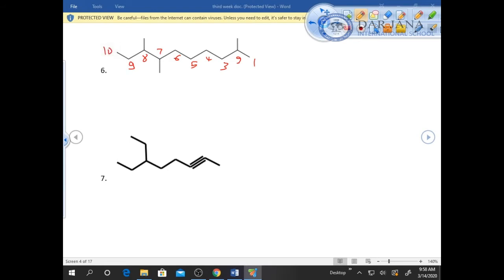So the parent chain is decane, and there are three alkyl groups, three methyl groups on carbon number 2, carbon number 7, and carbon number 8. So it will be 2, 7, 8. I will use the prefix tri to indicate the quantity of methyl groups on this molecule. Trimethyldecane.